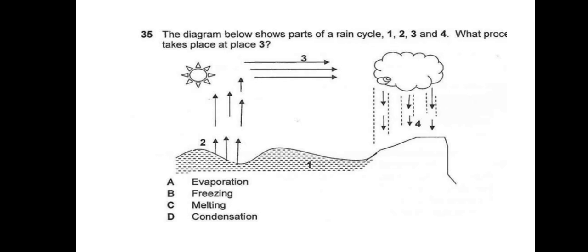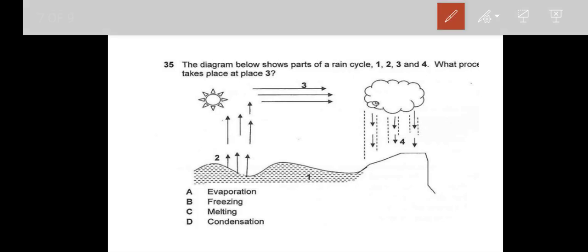What process takes place at place 3? So we have the numbered parts 1, 2, 3, and 4. Then they're asking you to identify the process which is taking place at stage 3.